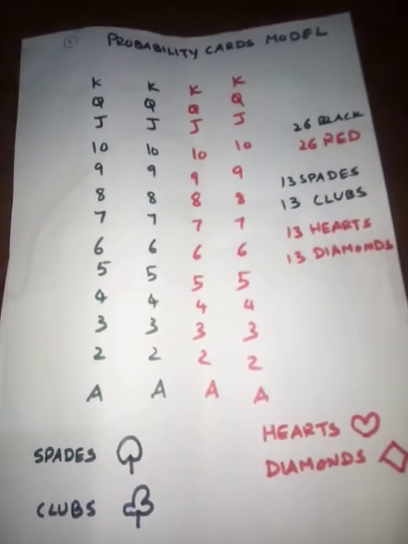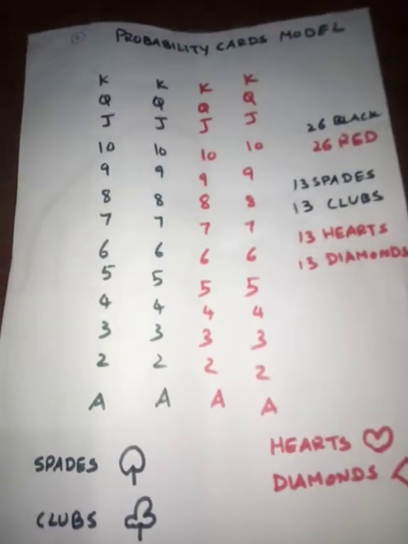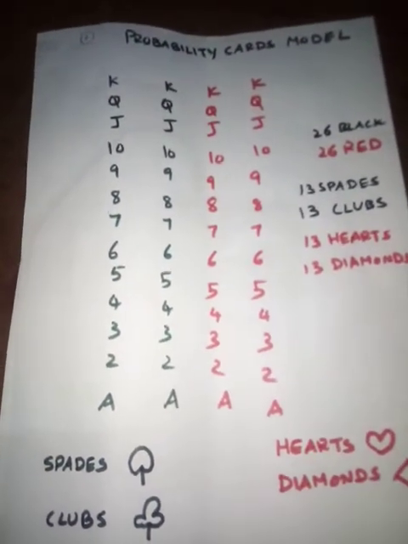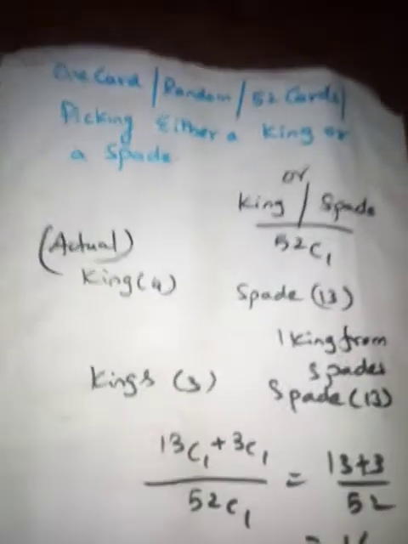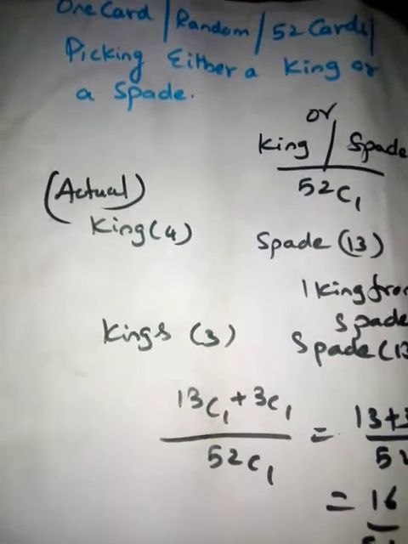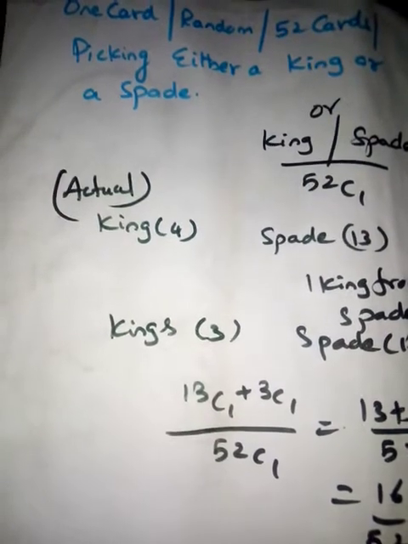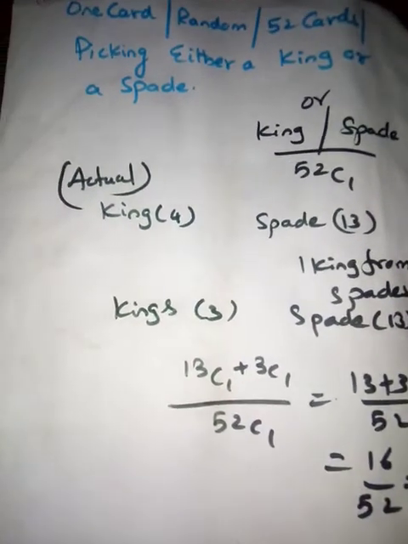So there are 13 spades, 13 clubs, 13 hearts and 13 diamonds. The question is, one card is picked up at random from 52 cards. What is the probability of picking either a king or a spade?